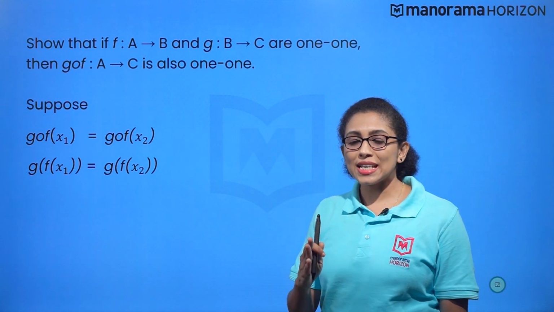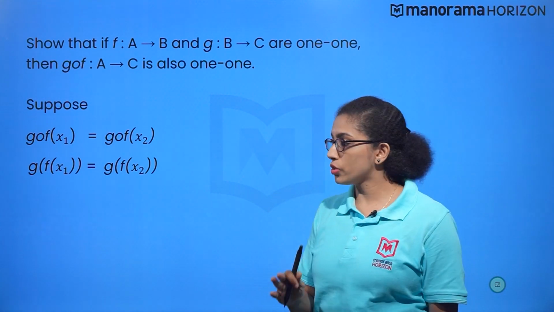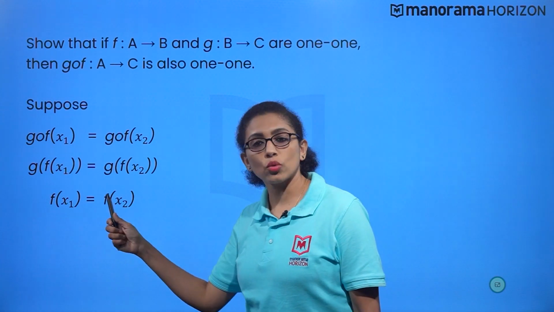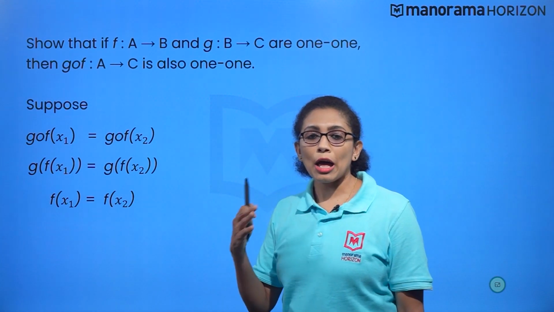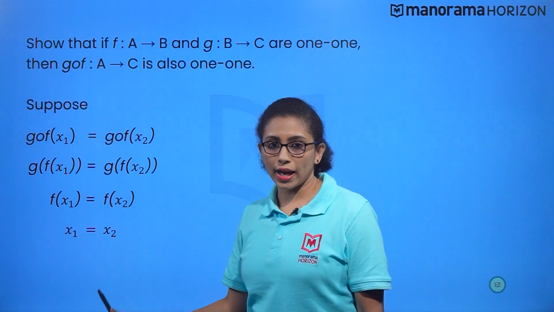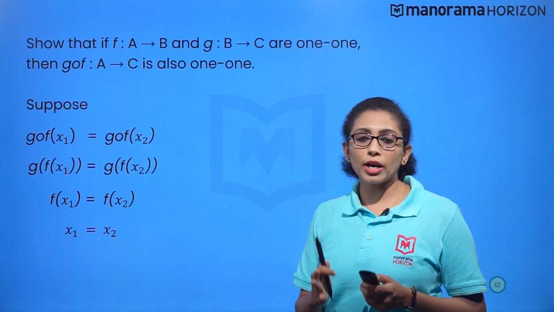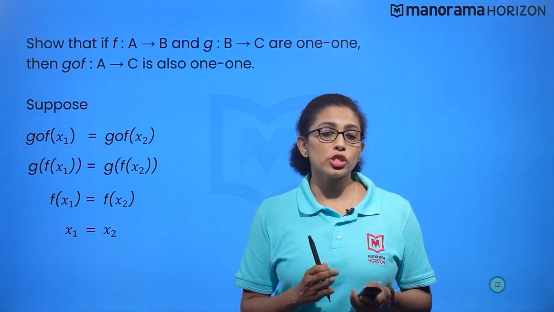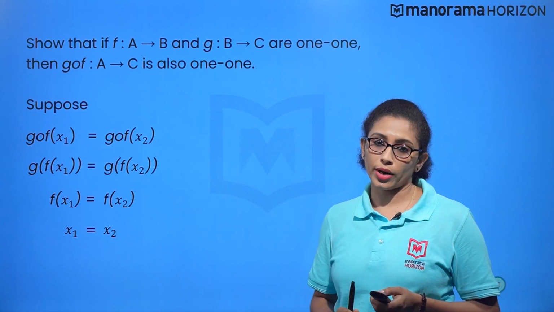Given g is a one-to-one function, we can write f(x1) is equal to f(x2). Given f is a one-to-one function, we can write again x1 is equal to x2. So it is proved that the composition of one-to-one functions is always one-to-one.